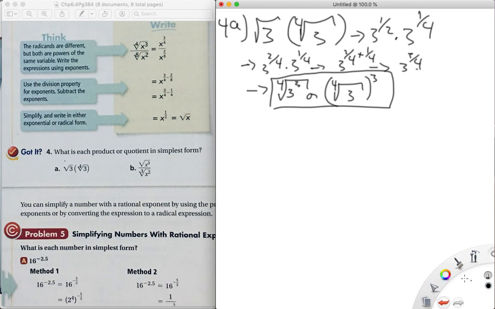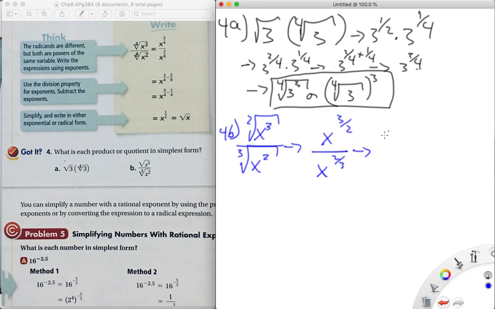Then you have 4b. We have x cubed square root over x squared cube root, which is x to the 3/2 over x to the 2/3.